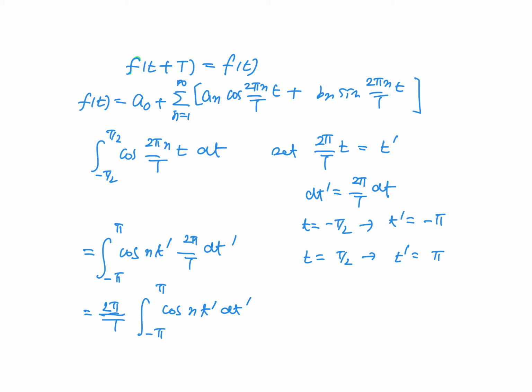So basically we went back to the previous analysis, right? So we can apply the same analysis as before. So this is basically 0 when n is not 0.